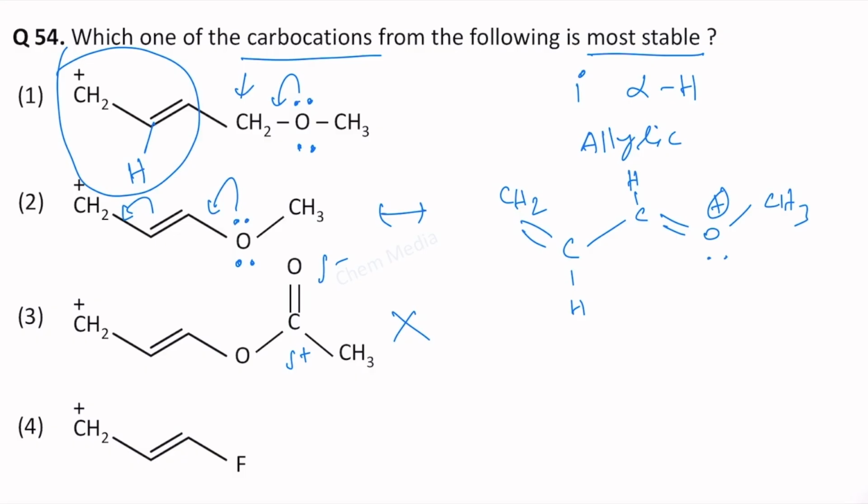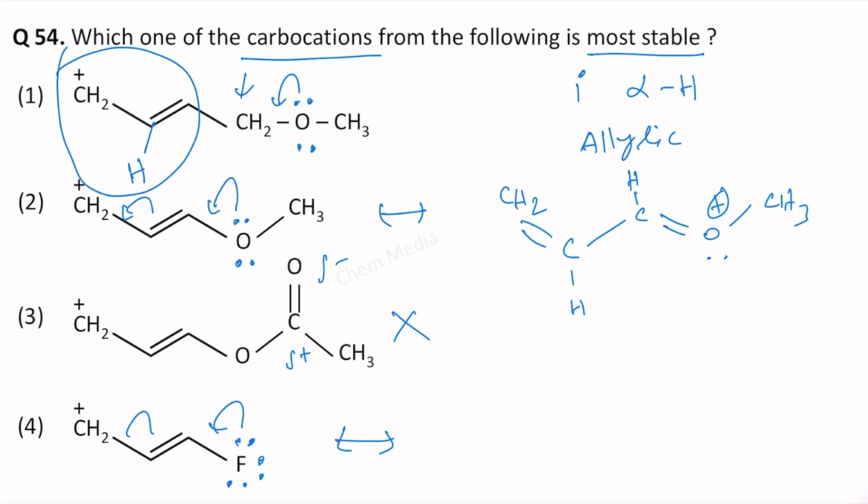Fluorine is more like an electron withdrawing group. Even if we write a resonance structure thinking that it can be an electron donating group, then what will happen is we have to put a positive formal charge on the most electronegative atom.